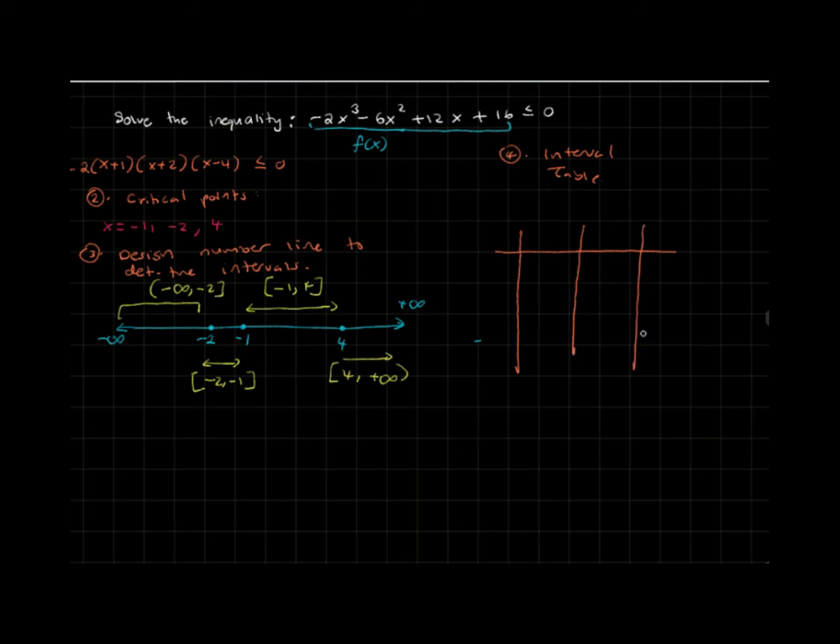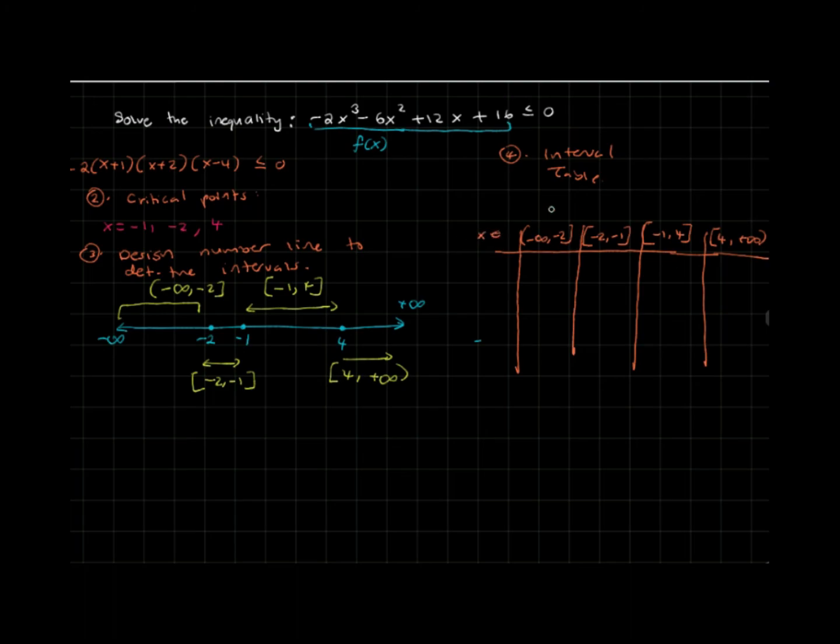We have 4 intervals to place on top. So we have negative infinity, negative 2, negative 2, negative 1, negative 1 and 4, and positive 4 and positive infinity. Okay, so we have our intervals on top.